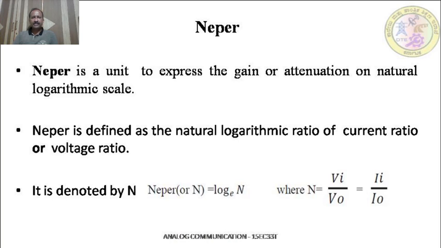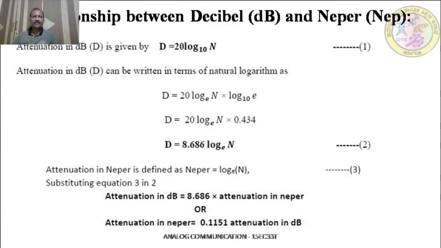Next, you are going to see how to represent Neper in terms of dB or dB in terms of Neper. Here you are going to make a relationship between Neper and decibel. In the previous slide you saw that you can represent decibel in terms of current or voltage. The decibel D is given by 20 log base 10 N. This is the fundamental equation to represent decibel in terms of current or voltage ratio, called equation 1.